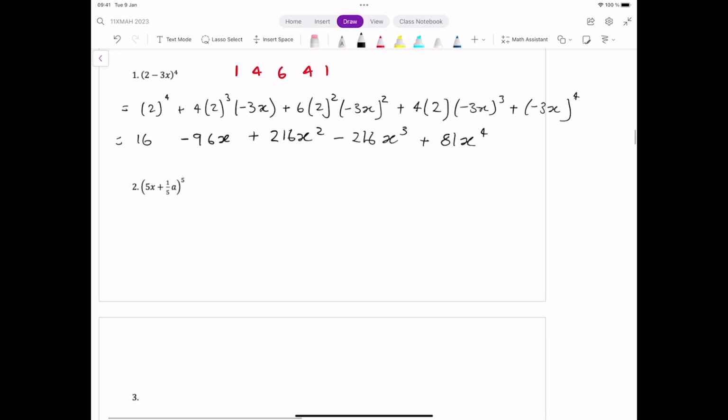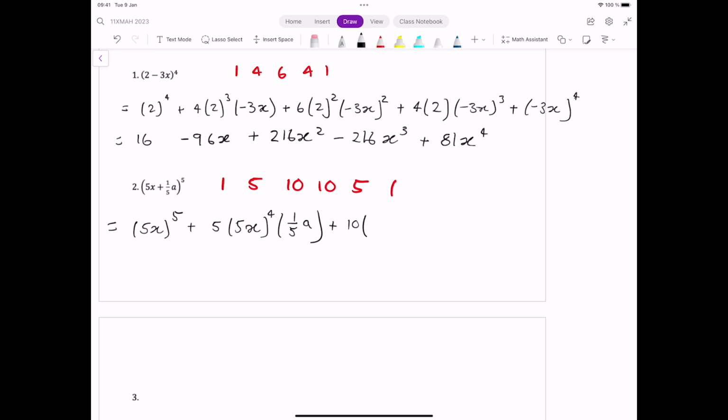Okay. Next one here, we've got 5x plus 1 on 5a, all to the power of 5. We're going to note that our fifth row of Pascal's triangle, the sixth row, but it's the row that corresponds to an exponent to the power of 5, is 1, 5, 10, 10, 5, 1. So our first term is going to be 5x to the power of 5 plus 5 times by 5x to the power of 4, 1 on 5a, plus 10 times by 5x cubed, 1 on 5a all squared.